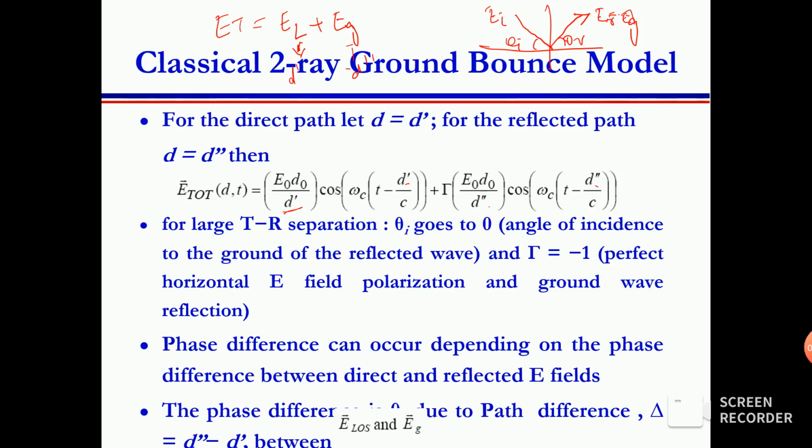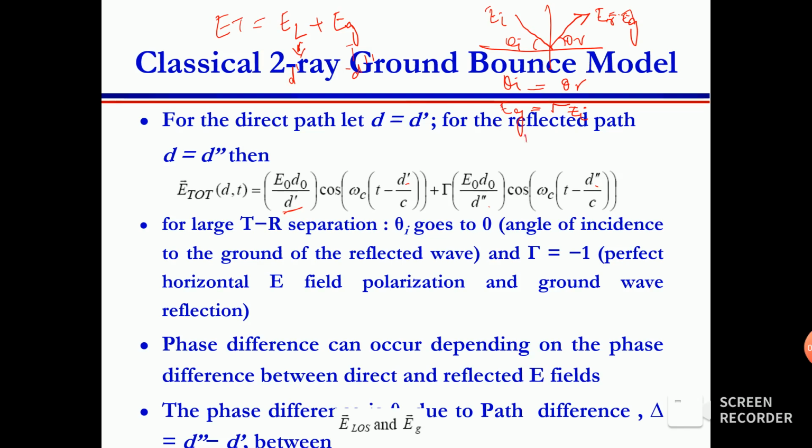According to the law of reflection in a dielectric, theta I is equal to theta R, and the ground reflected electric field EG is equal to tau times EI. What is this tau? This is the reflection coefficient for ground, and for ground it is 1.